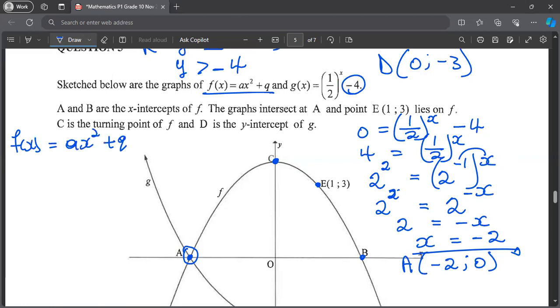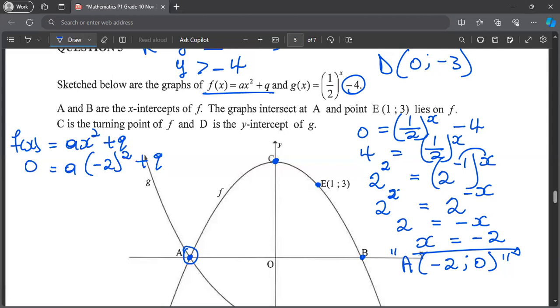So the first thing we do, we substitute the x-intercept, which is point A. So you say you have a, into x is -2, you square this and add q, and then your y will be 0 when x is -2, right? Awesome.